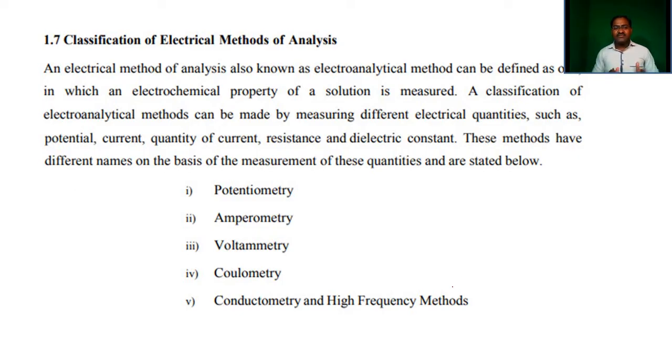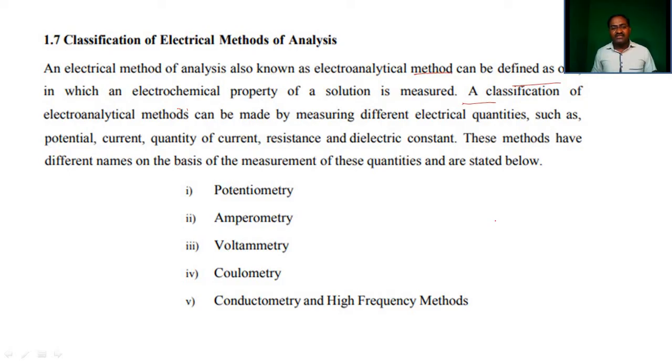From this, the classifications of electrical methods of analysis are listed here. Electrical methods of analysis, also known as electroanalytical methods, can be defined as those in which an electrochemical property of a solution is measured.